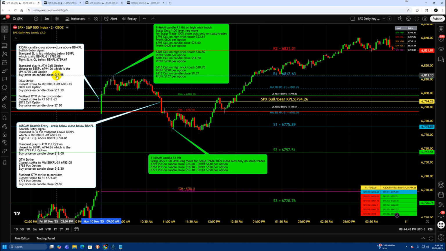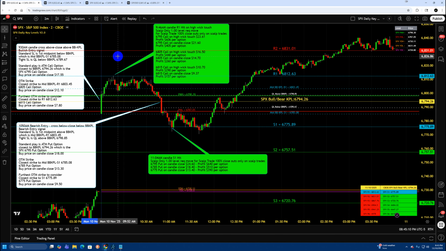The other option is adjusting your stop loss to break even, which, going back to this trade here, this is a bullish trade. Our tight stop loss is the QL below the BBKPL because that's the level we're trading from. And our standard stop loss was this midpoint level, which is all here in the notes.